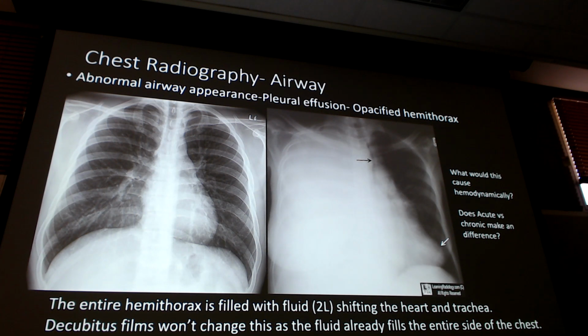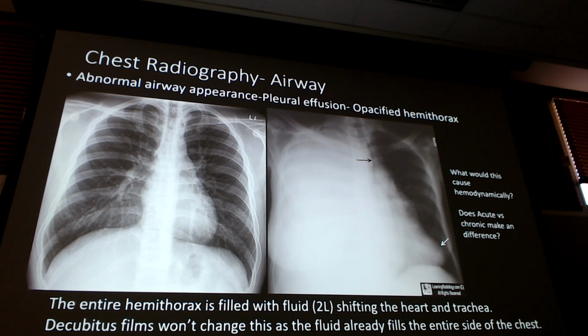How do I tell the difference? Push or pull. Look at my structures. Atelectasis pulls things over because of the pressure. Fluid pushes things away, because the pressure now, instead of being pulled, is coming from here, pushing that way. So when you see an entire opacified hemithorax, you're trying to figure out, is that fluid or is that atelectasis?